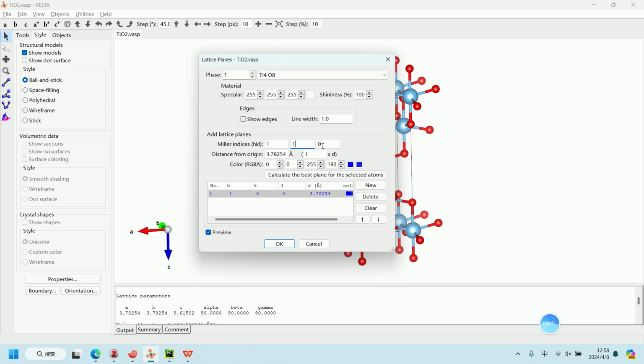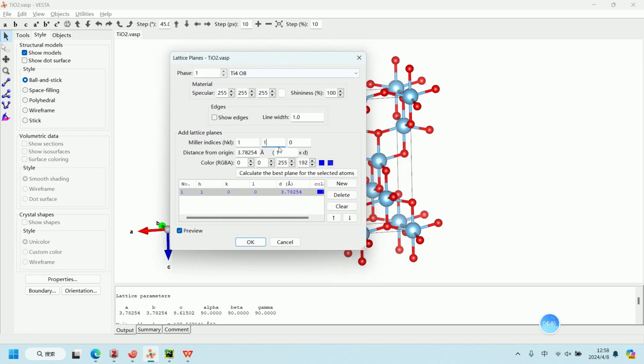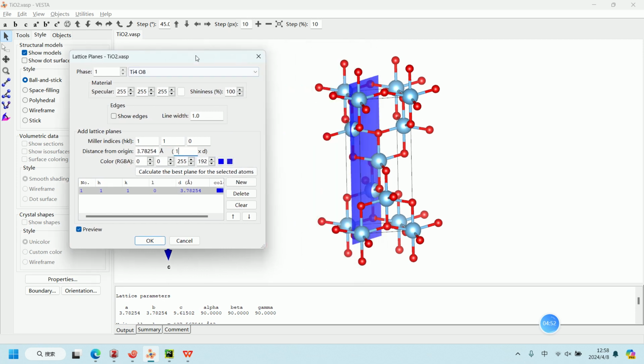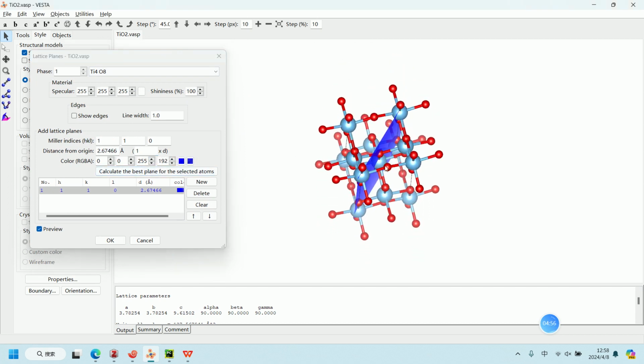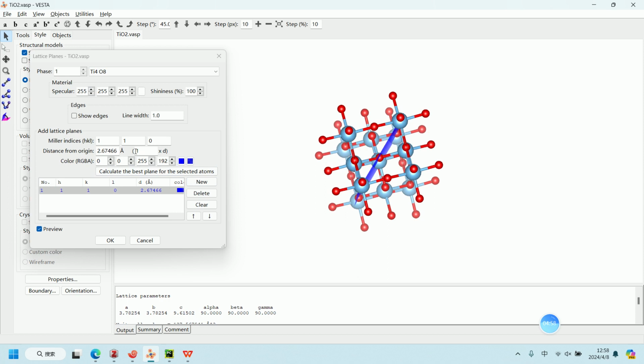This is the Miller index for the 110 plane, and by adjusting this value we can place the plane at different positions. For example, 1 is already enough for us.